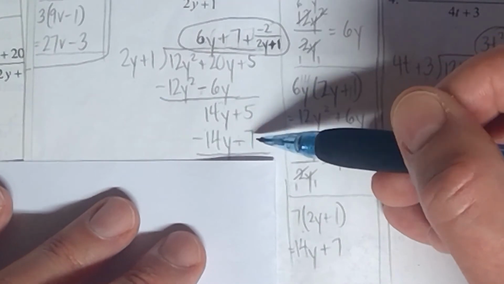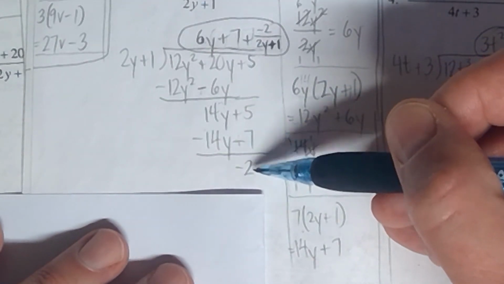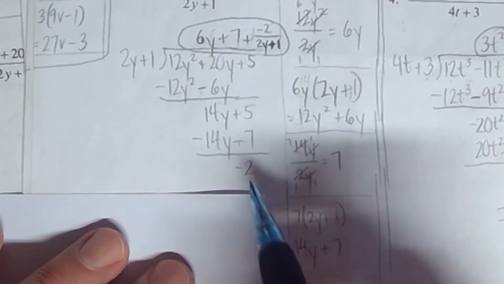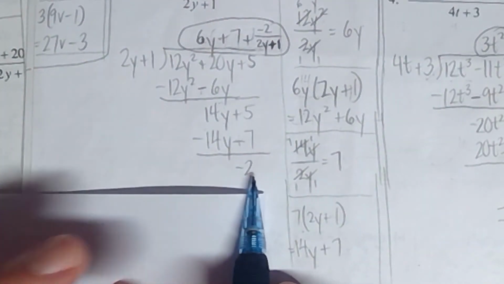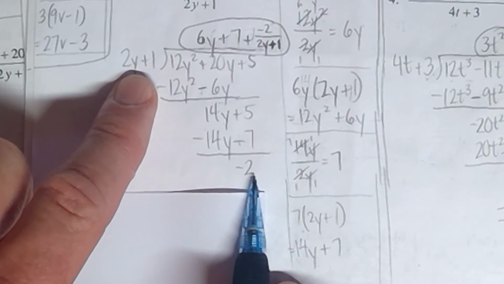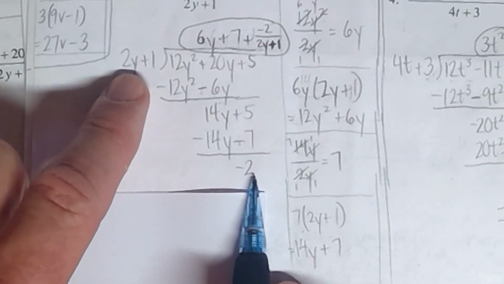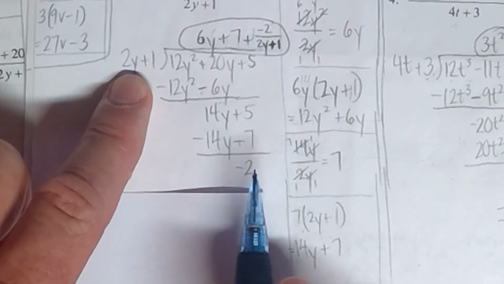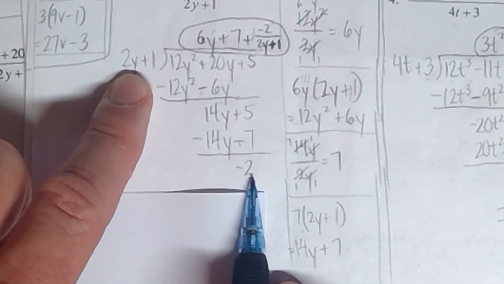Okay, and we'll end up with negative 2 only with no y terms there because they cancel. This is a degree 0 term because there's no variable in it. This is a degree 1 polynomial, okay, because it's got the y to the first, and that's the highest degree in that polynomial. So degree 1, this is degree 0, so we're done because this is a smaller degree.